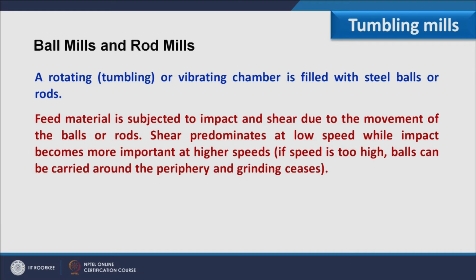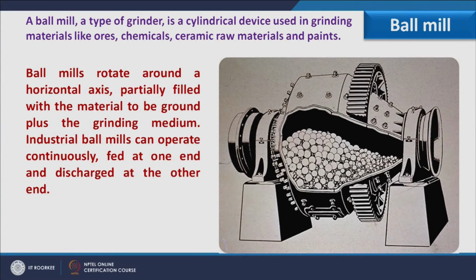If speed is too high, balls can be carried around the periphery of the machine and grinding will not happen further. So, a finer product is produced by smaller balls, higher ball density or longer residence time. It means when we have a lower feed rate. So, therefore, we have the ball mill as well as the rod mill as tumbling mills.